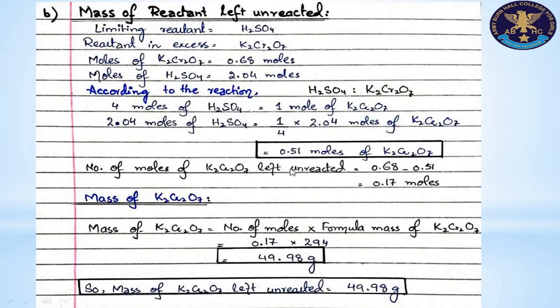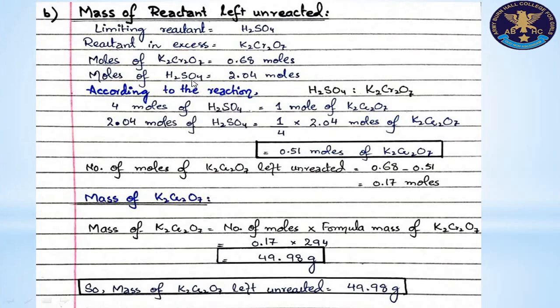This gives us that 2.04 moles of sulfuric acid reacts with 0.51 moles of potassium dichromate. These 0.51 moles are the moles which react completely with the sulfuric acid.